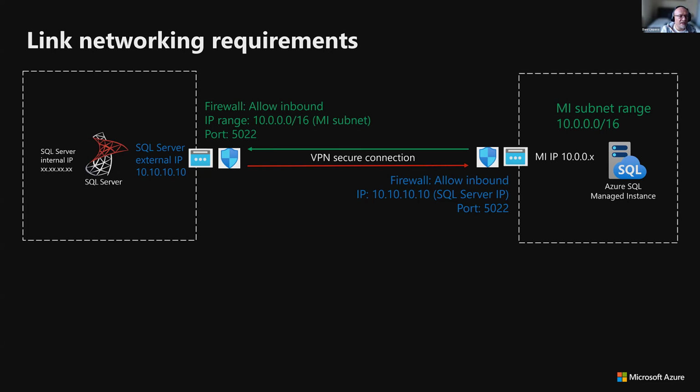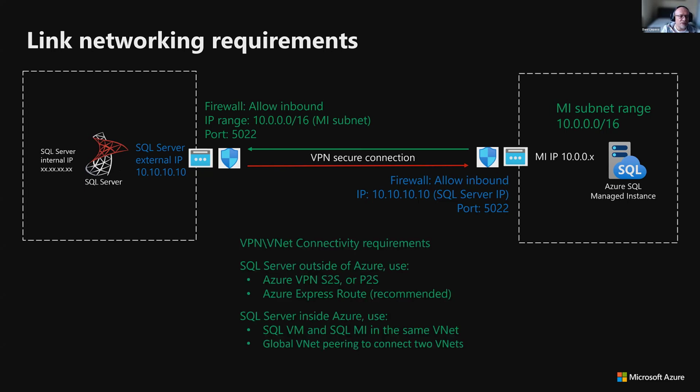Then in terms of the connectivity from on-premises, you would use the VPN or ExpressRoute, or if you are using a VM inside of Azure, then it's even easier. We just need to play with a couple of NSG rules or set up global VNet peering if your VM and MI are in different regions, and it's super simple to set up. All of this is documented online in the Azure documentation.